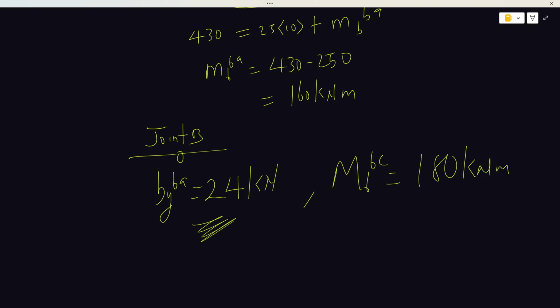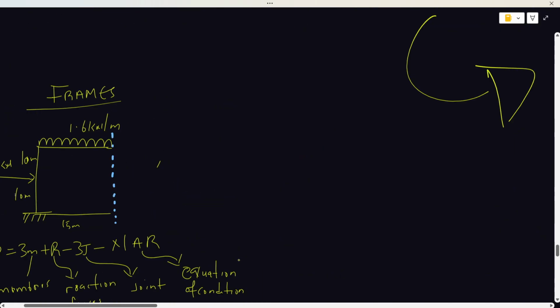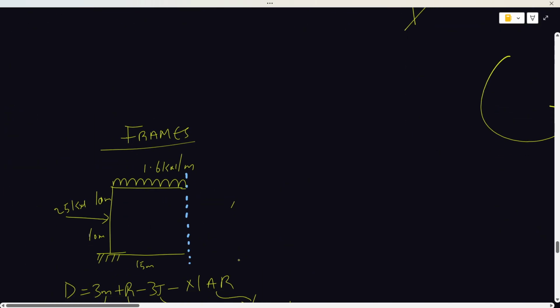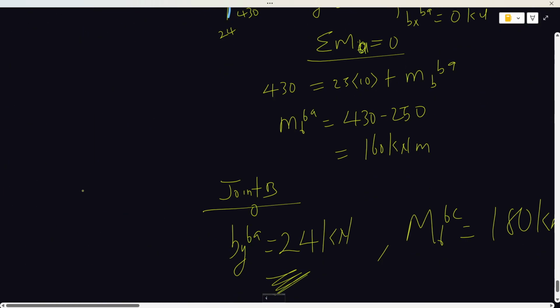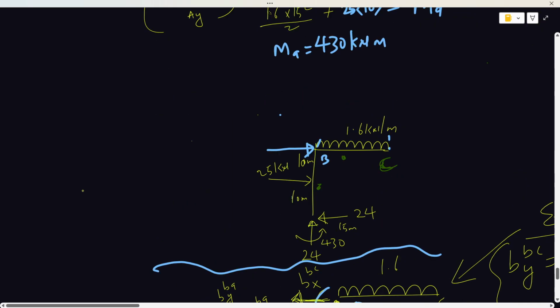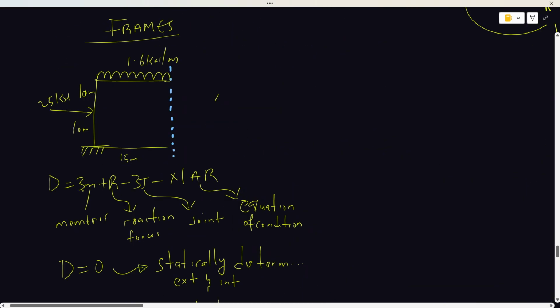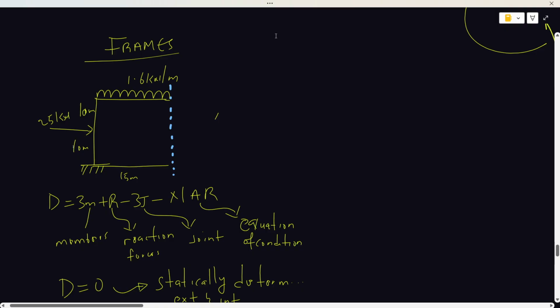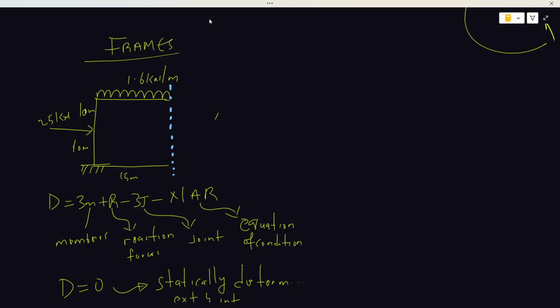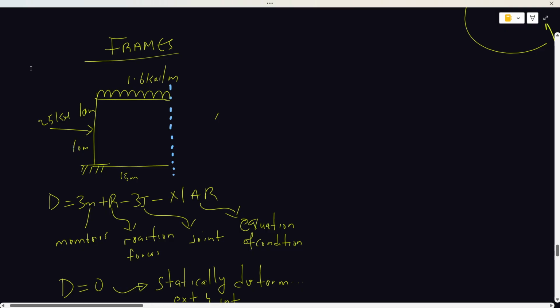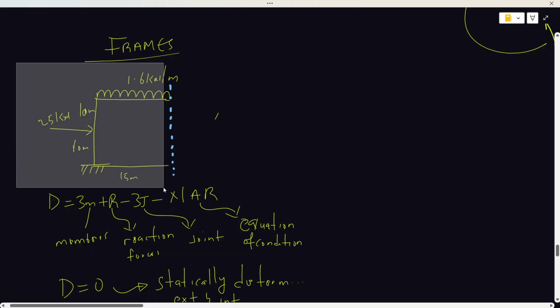Now, I will be drawing the structure again. You can copy it. One minute, I want to copy this structure so I won't have to draw everything.